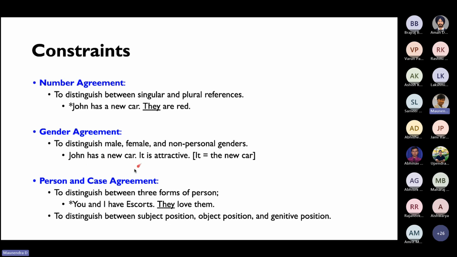So that's why it cannot be a co-reference. On the other hand, it and new car both are non-living and non-personal gender, and so this might be a co-reference. So this you can retain and then pass it to a further sophisticated algorithm.